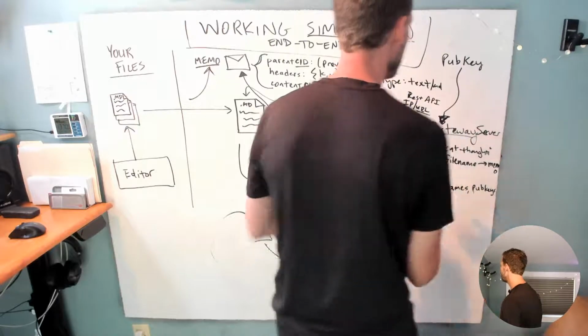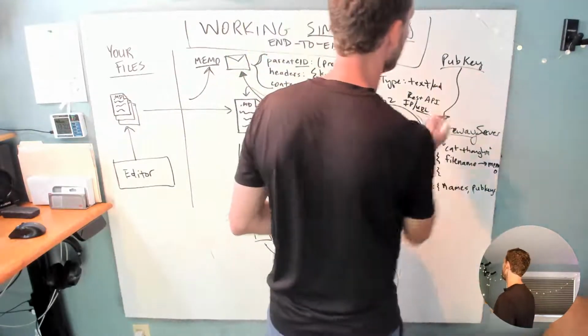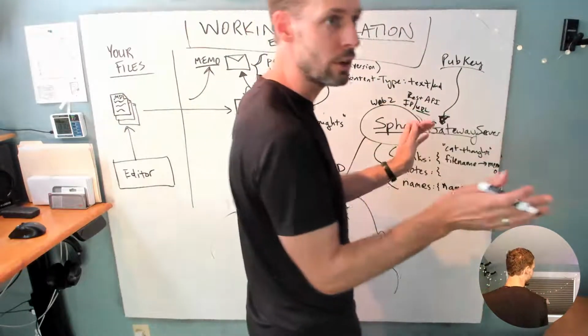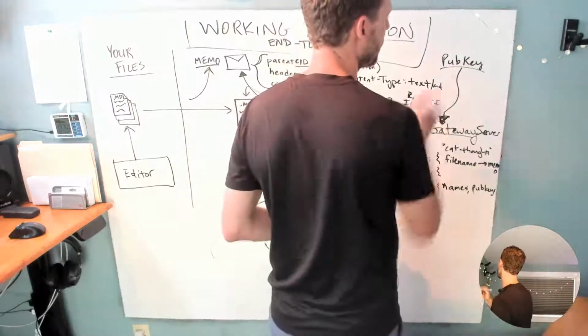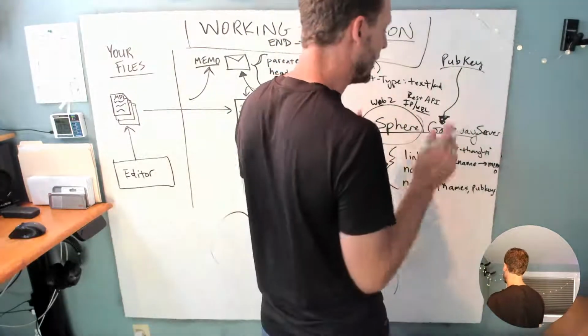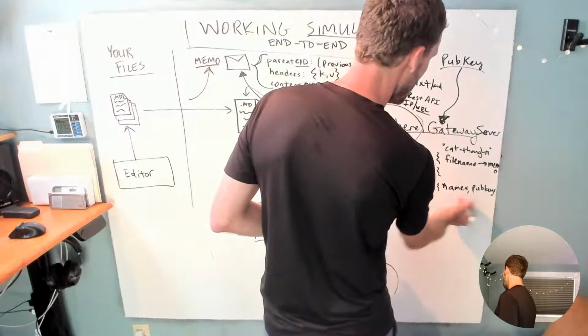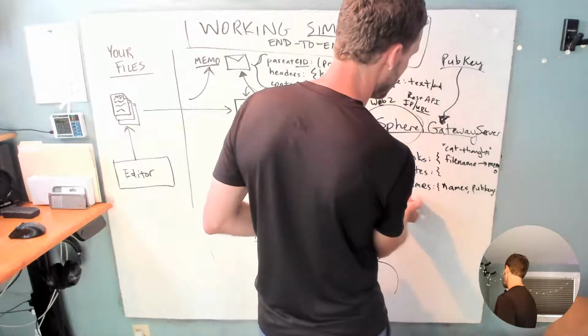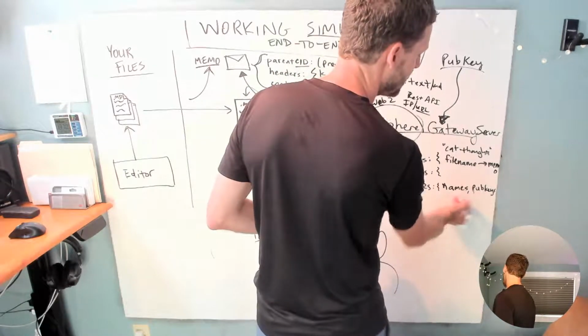So you've got a Sphere gateway server and you can look it up. You can find that person's notes based on the public key. And this little names data structure allows you to map names to public keys.